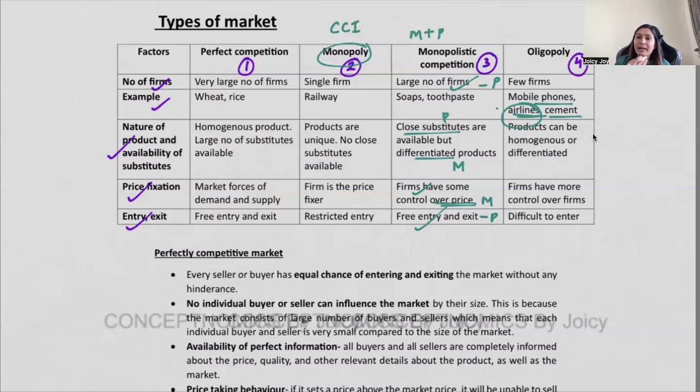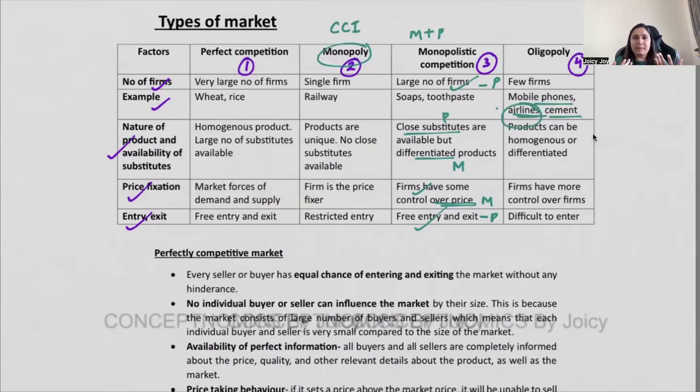And they provide homogeneous services, like all the airlines provide the same connectivity service, but it's also differentiated. If you take the case of IndiGo, it provides the feature of low-cost flights. Then there would be Vistara, which provides a little bit more comfortable seats and all that.